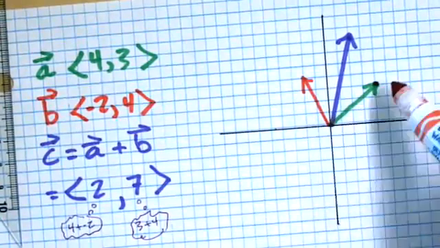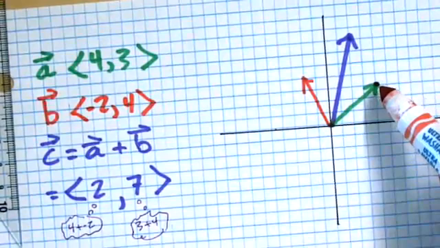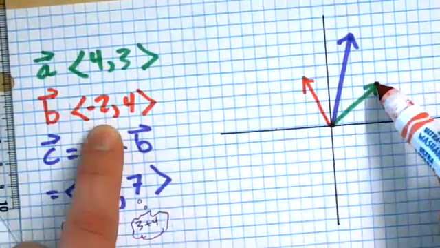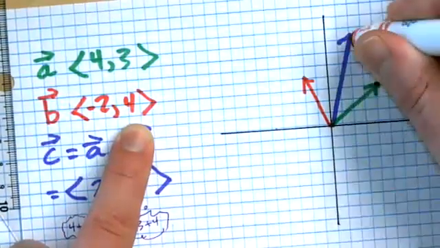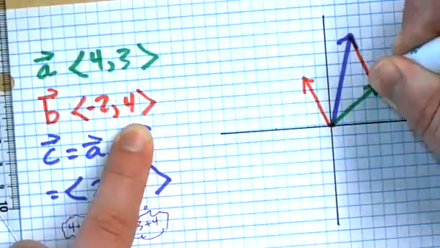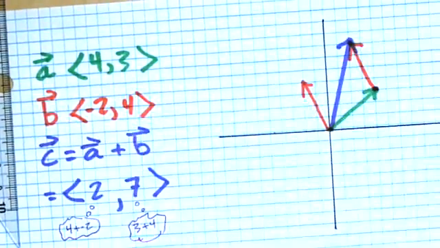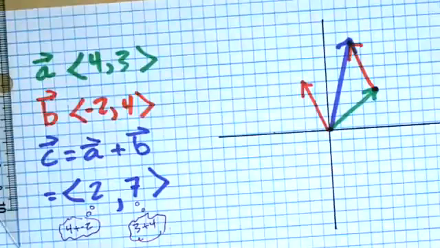So instead of starting at the origin, it started at the end of this one. Remember, your B vector was -2 in the X direction, +4 in the Y direction. So if I went over 2 and up 4, look where I'd end up. I'd end up right at the end of the C vector.